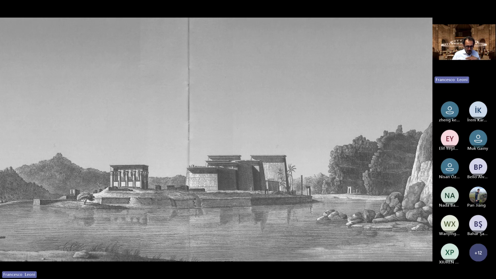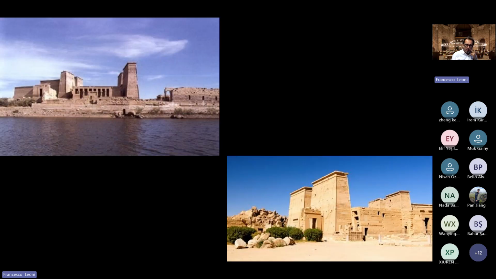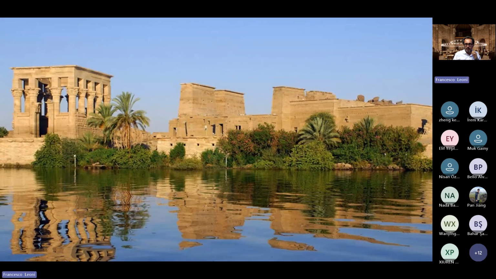Then, just because of the construction of the Aswan dam, it has been flooded by the water, because the construction of the dam let the water rise.